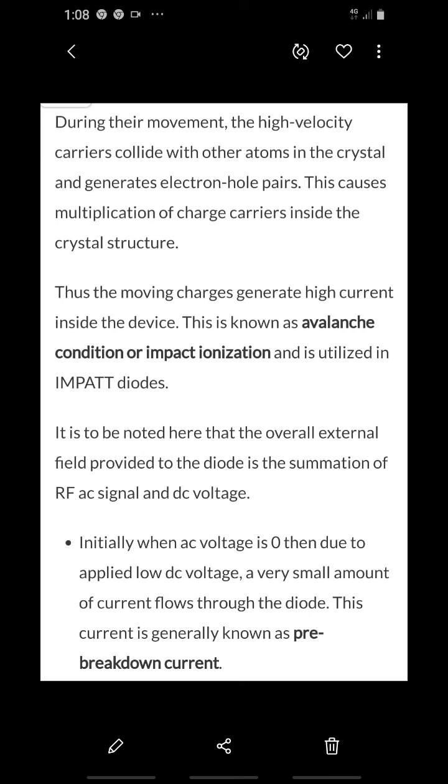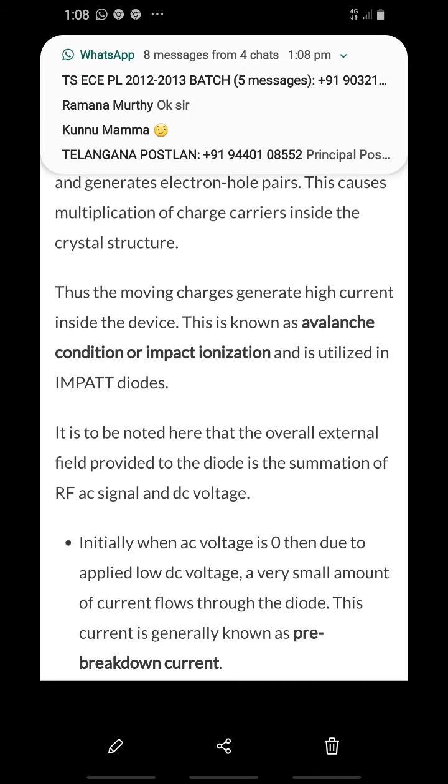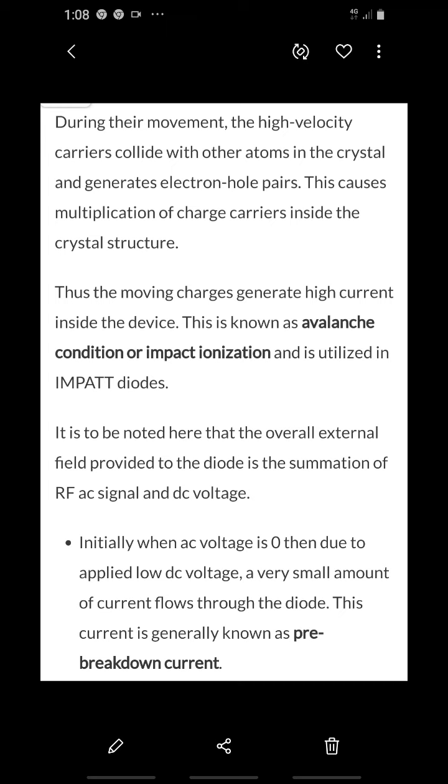During their movement, the high velocity carriers collide with other atoms in the crystal and generate electron-hole pairs. This causes a multiplication of charge carriers inside the crystal structure.